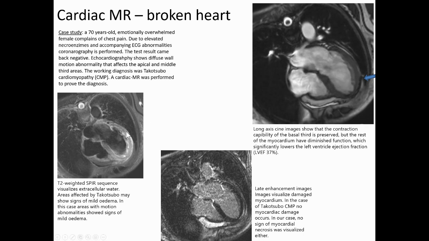Now let's look at the T2, and you can see that those areas are quite bright on the T2, meaning that there is a lot of edema. So again, the suspicion for an infarct is quite high. However, when we perform the late enhancement images, it seems that all of this myocardium is normal.